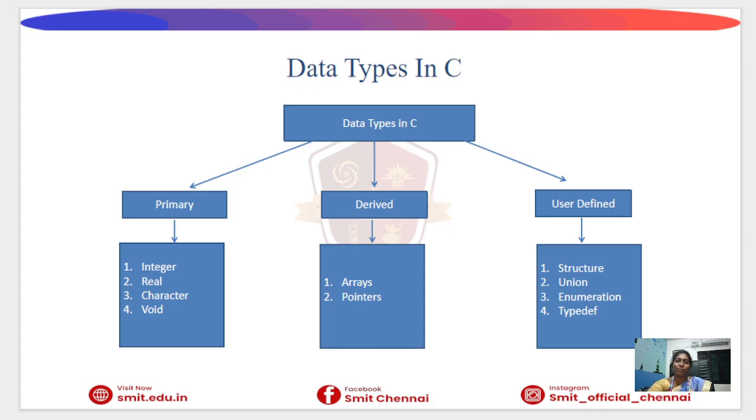Next, we explain the classification of data types. What are the data types in C? In the C language, data types are divided into three categories: primary data types, derived data types, and user-defined data types. We will study each one in detail.